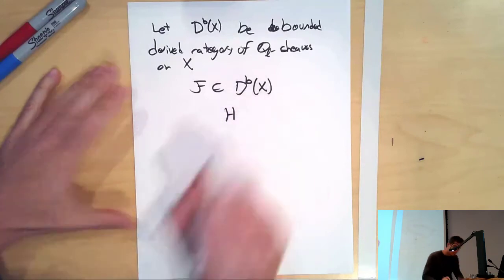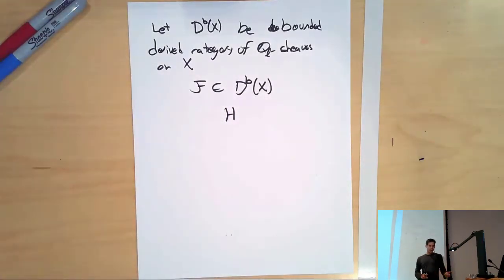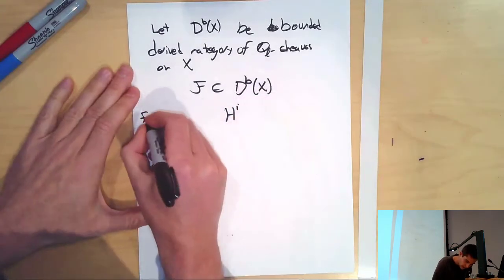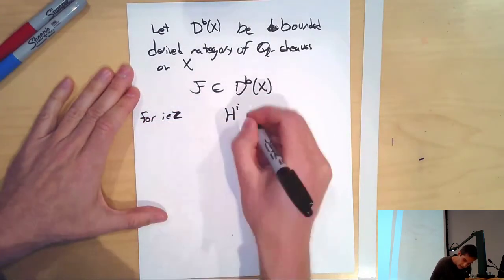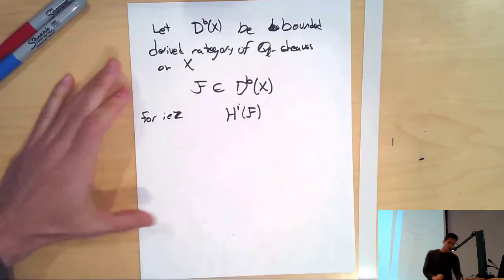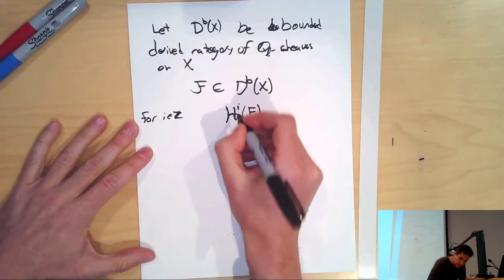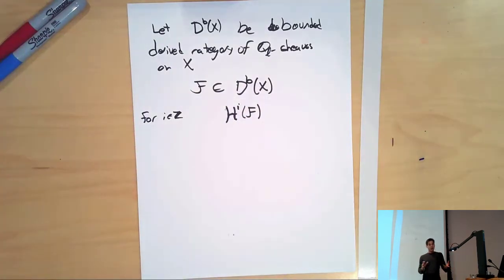But these objects of this category have the property that you can associate to them, for each integer i, what I'll write as a script H^i(F), the ith cohomology of F, but in the world of sheaves.